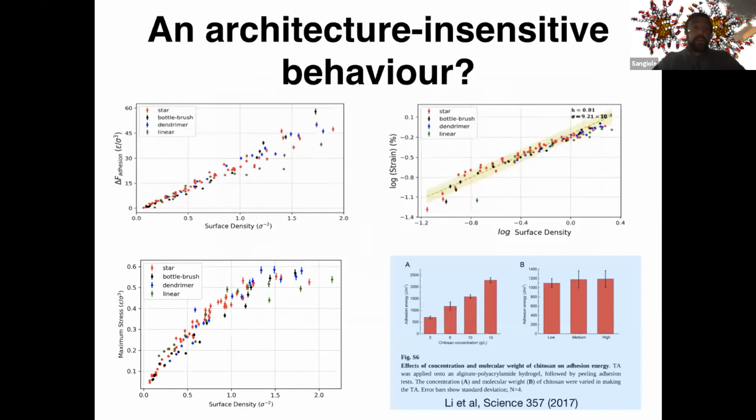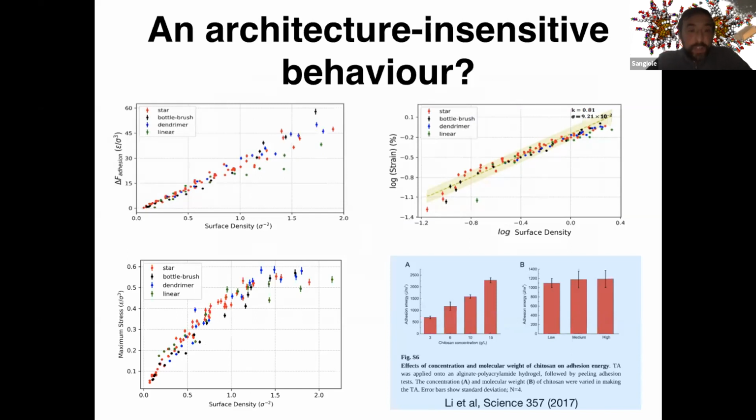Actually, the most interesting thing that we observed is that, despite what we hypothesized at the beginning, it looks like the system is architecture-insensitive. What you can see here is the calculated adhesion energy of the interface, the maximum strain and the maximum stress achieved at breakage.